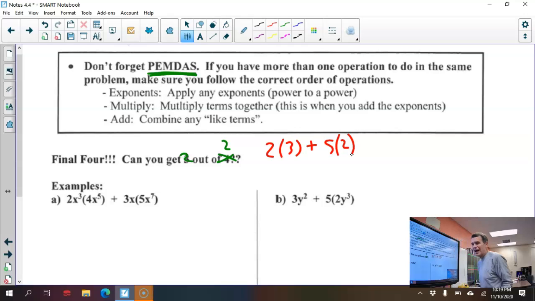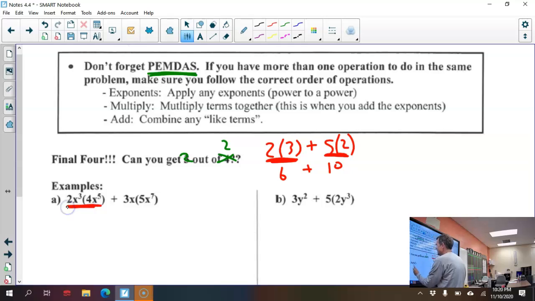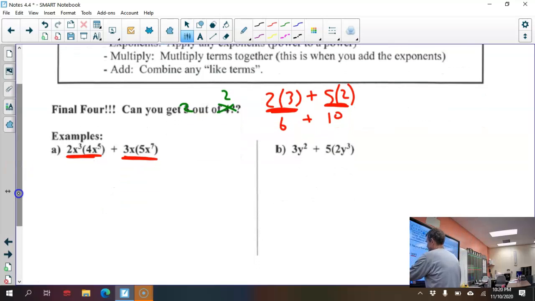I think all of you guys could do that problem mentally, right? You would multiply this, you would multiply this, and then you would add 6 and 10. Well, this one is no different. You're going to multiply this and multiply this, and then you're going to add the results. You just have to use your multiplying skills with exponents.